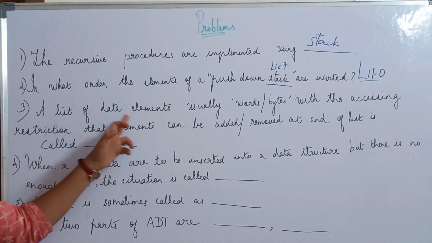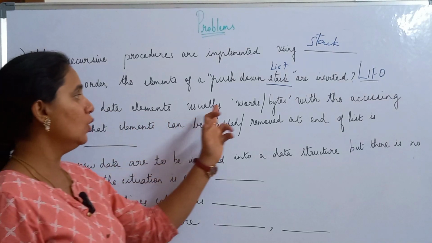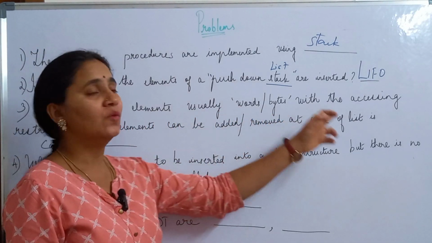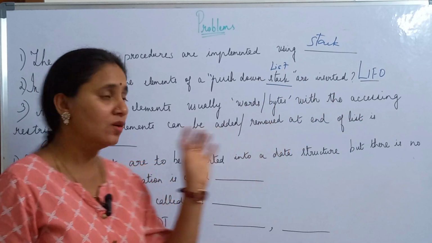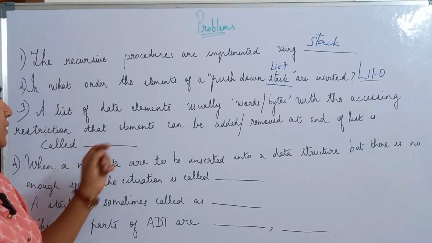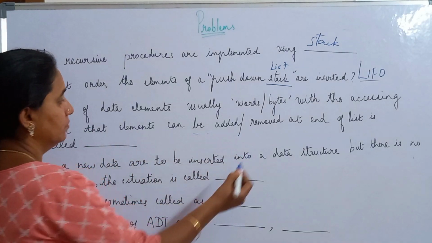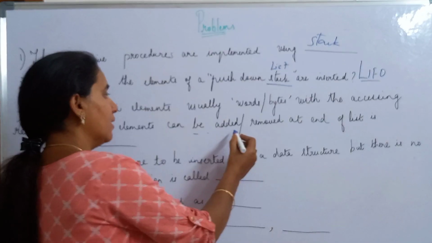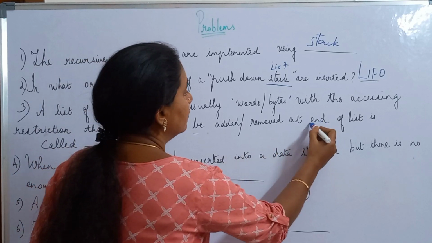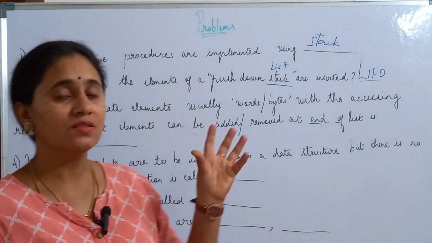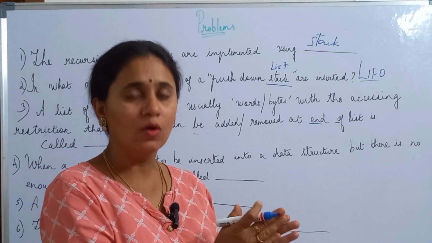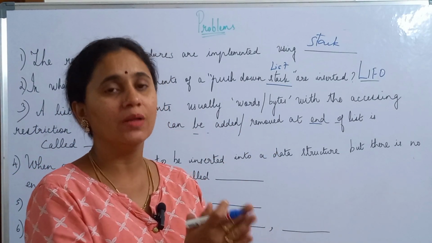They have given an accessing restriction. The elements can be added or removed only at the end of the list, that is, only one end.